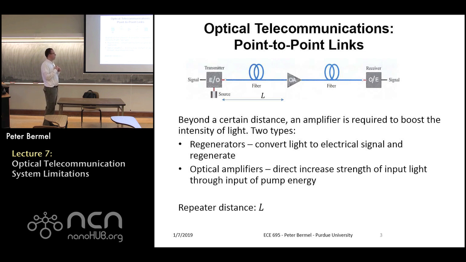Since the early 90s, at least, there's been a big shift to optical amplifiers. We'll talk about optical amplifiers more next time, but they're closely related to lasers in the sense that they use stimulated emission to amplify your input light directly in light.